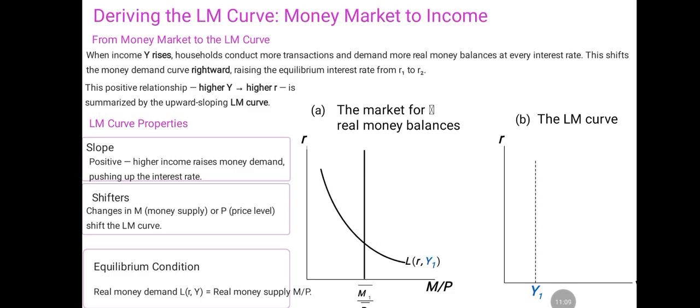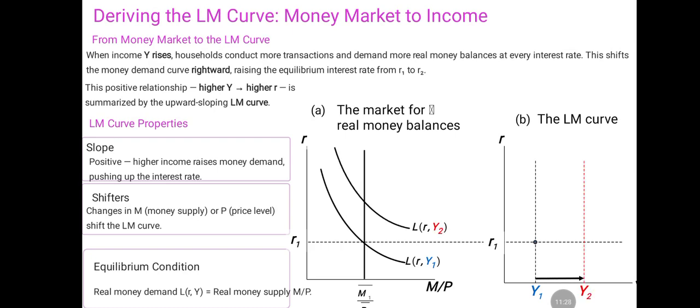The LM curve is a money demand curve. Money demand is a function of income and interest rate. At income y1, the interest rate is r1. When the income increases from y1 to y2, the interest rate also increases from r1 to r2.